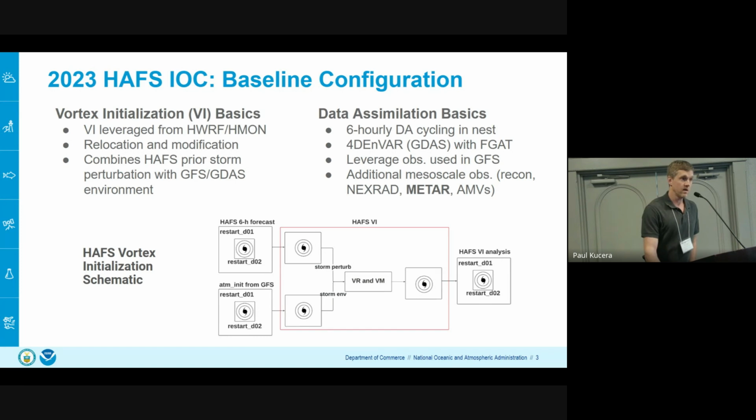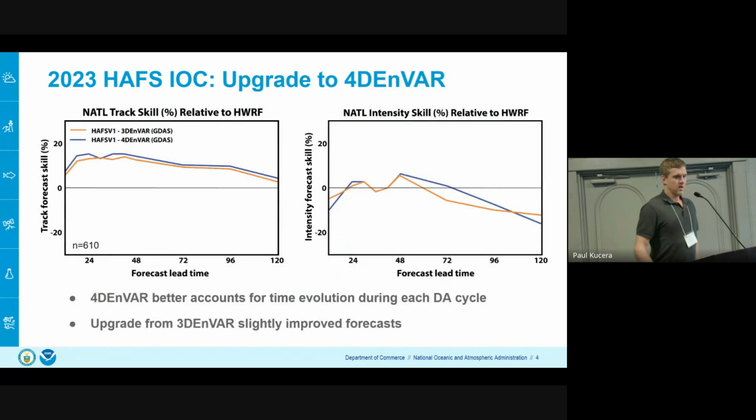We added METAR. I had a Precip Grand Challenge proposal that looked at the impact of assimilating METAR mesonet observations in HFIP, and it improved the landfalling TCs quite a bit. So that was added in HAFS. And also some AMVs that are not assimilated by GFS. So we upgraded to 40 EnVar.